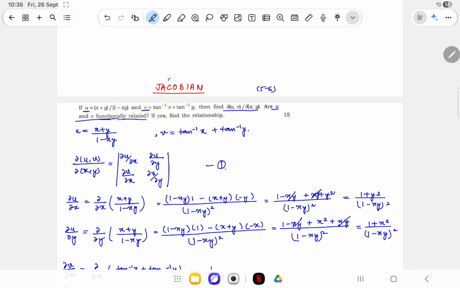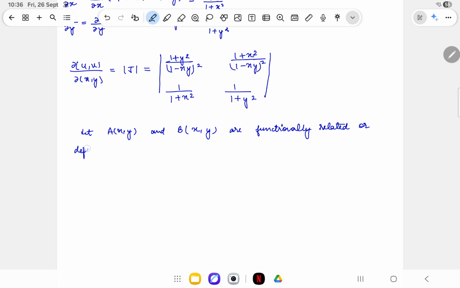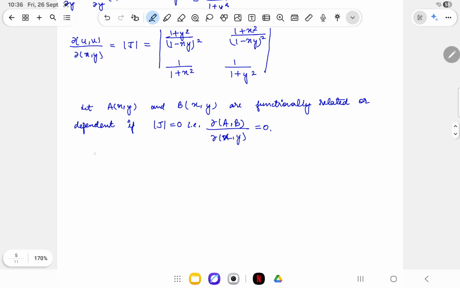It further says: are u and v functionally related? So two functions, let's say a(x, y) and b(x, y), are functionally related or dependent if the Jacobian with respect to them, that is ∂(a, b)/∂(x, y), turns out to be 0, then we'll say that a and b are functionally related.